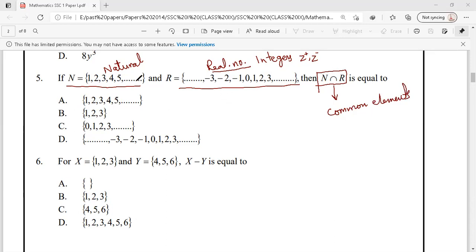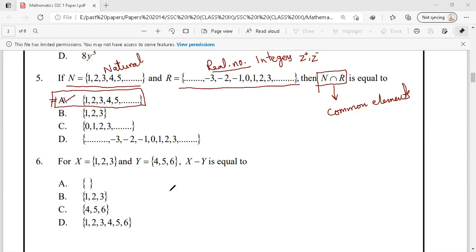So if we take the intersection में हम common elements ले लें, so 1 2 3 4 5 and onwards are the natural numbers and all the natural numbers are present in the set of integers. So the correct answer we will have is option A, 1 2 3 4 5 and onwards. So this is our correct answer.